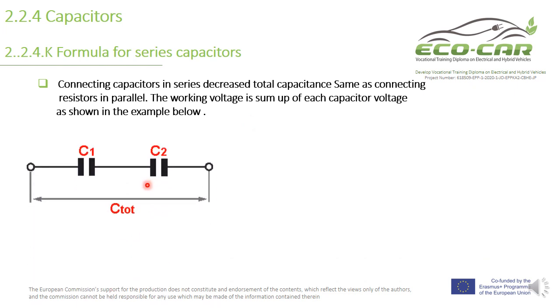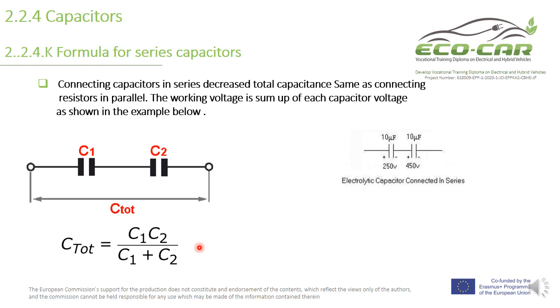We have now two capacitors in series. So the equivalent, or C total, for these two capacitors in series is equal to C1 multiplied by C2 divided by the sum. You know this? This is the same as resistors in parallel.